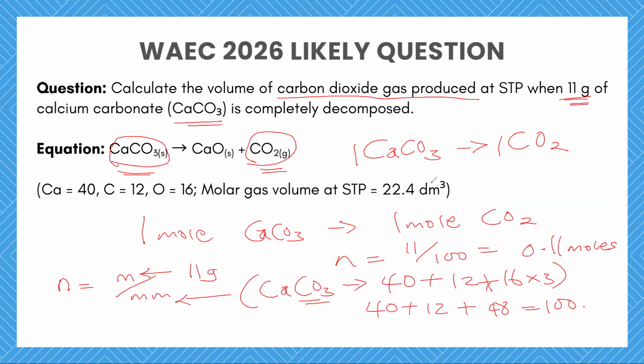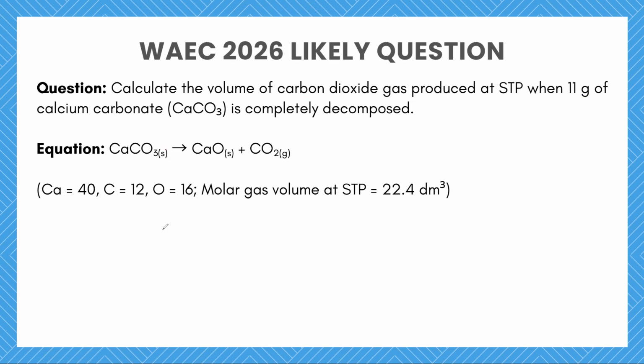So let's go ahead and plug that into our equation. Now we know that from the equation, 1 mole of calcium carbonate decomposed to form 1 mole of CO2. And we've calculated 11 grams over here to be equal to 0.11 moles.